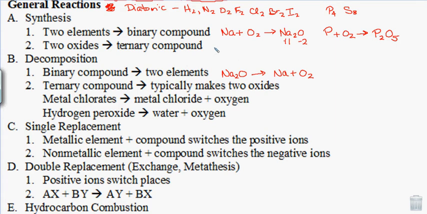2 oxides joining together, for instance, Na2O, so that's a metal oxide, joining with water, which is a hydrogen oxide, will create one individual ternary compound. Whatever you do, try to always list the element that is furthest to the left first. In this case, it's going to be sodium.